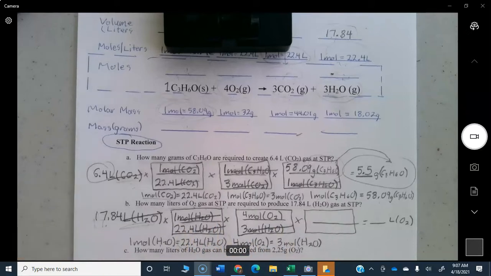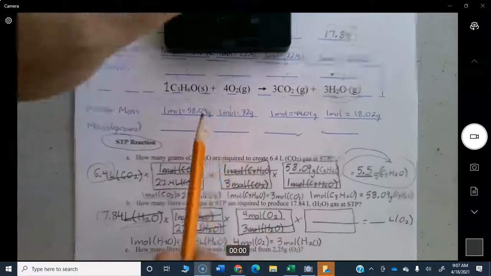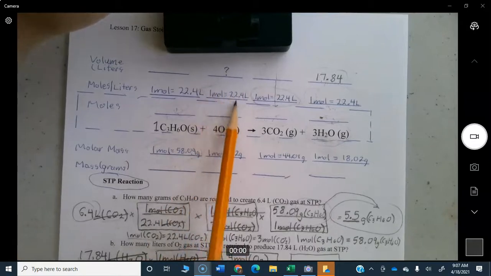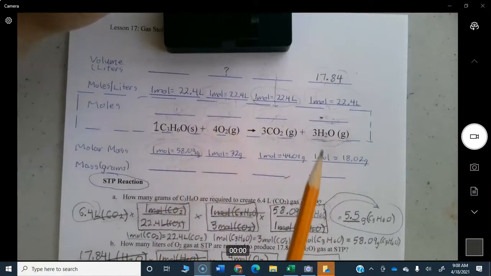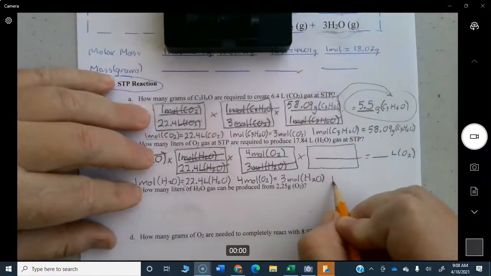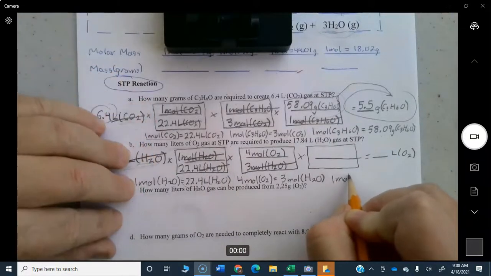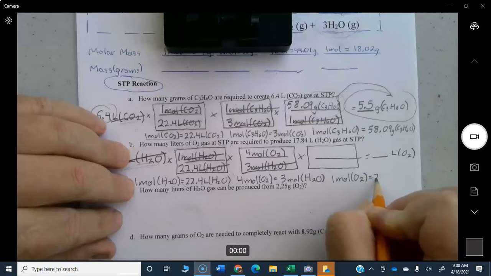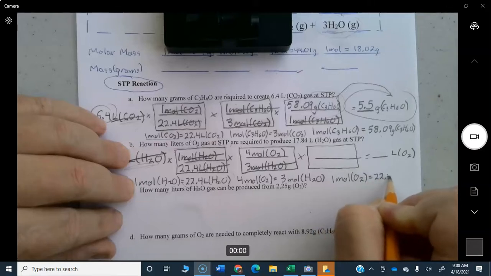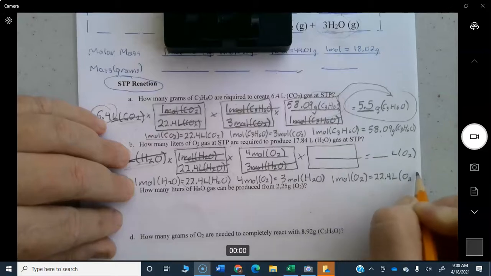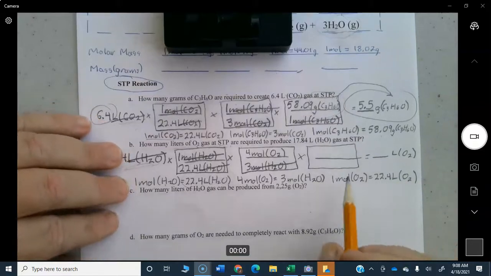Those two cancel. And now the last conversion is going to be just this again, the standard liters to moles conversion that applies to all of these. It's the same one. Okay, which one goes on the bottom?